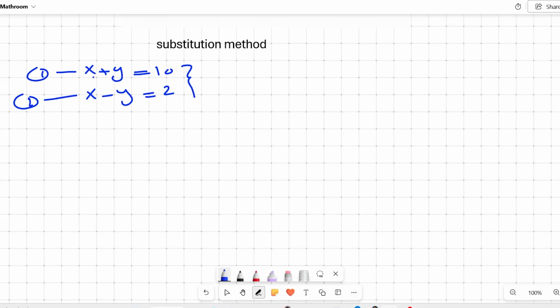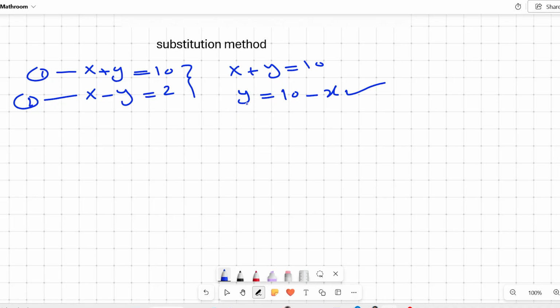It says to solve equation 1 for one variable. Write x plus y is equal to 10, keep one of the two variables on the left side and move the rest to the right side. So I keep y here and move x to the right side, and it becomes minus x. So y is equal to 10 minus x.